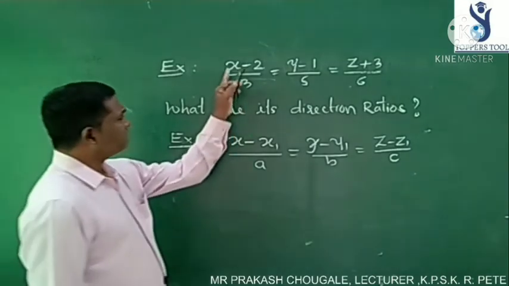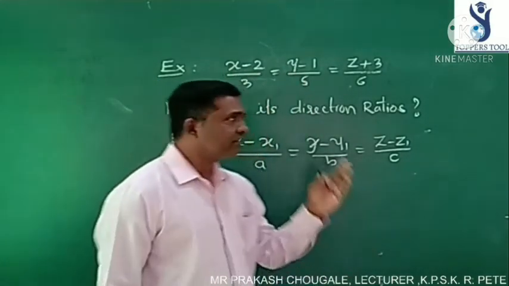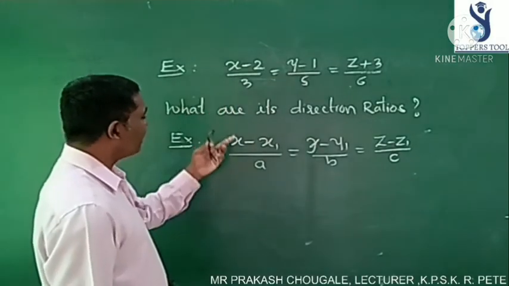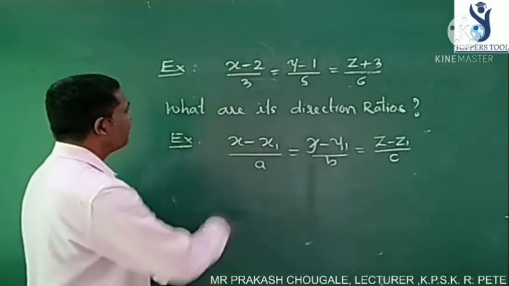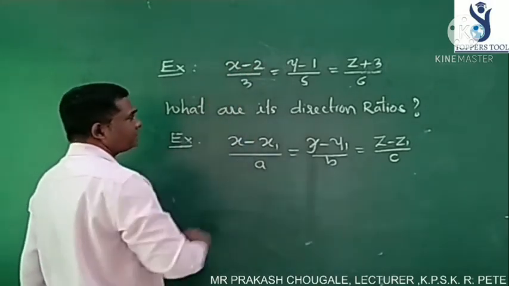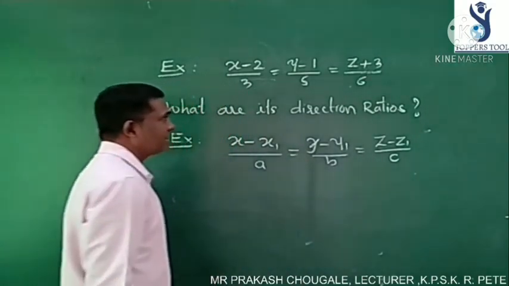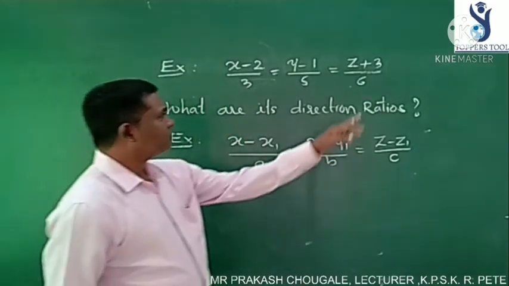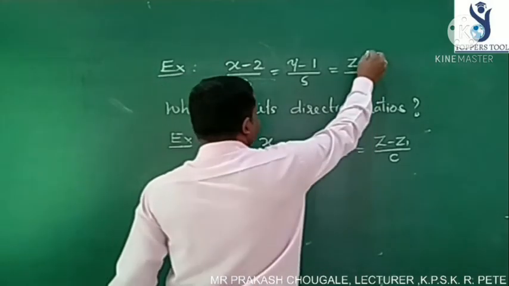Now look at the coefficients of x, y, z. They are absolutely 1 here. Now you can confirm whether this is in this form. Compare this with this. We have x minus 2 by 3, y minus 1 by 5 and z plus 3 by 6. So this plus 3 can be written as minus of minus 3.